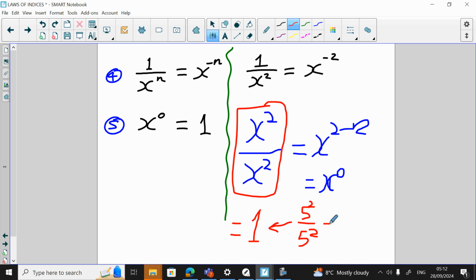So I'm just giving you a numerical analogy here.